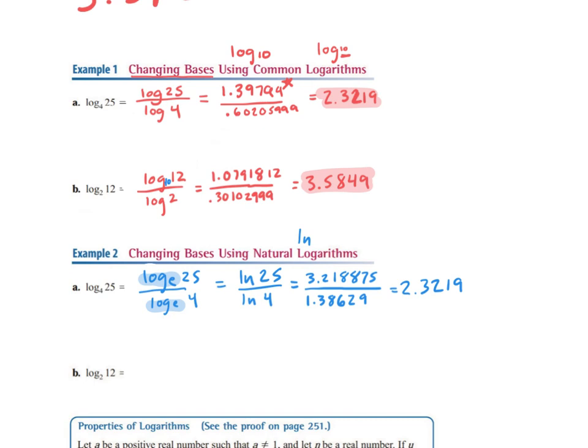So if we look up here, we got the same exact answer as we did before. So changing our bases using natural logarithms, even though we get different decimals here than we did here, we end up getting the same answer.